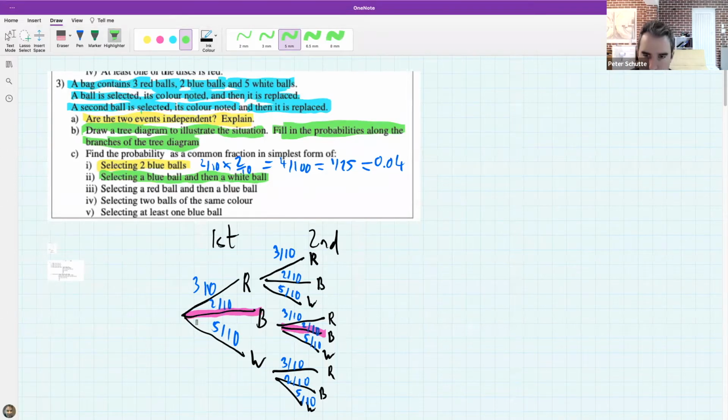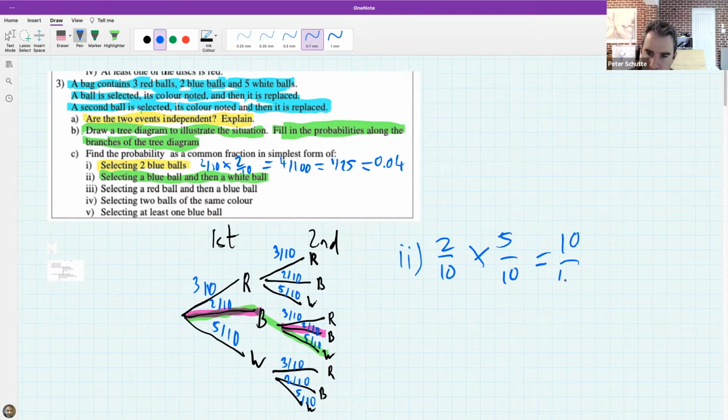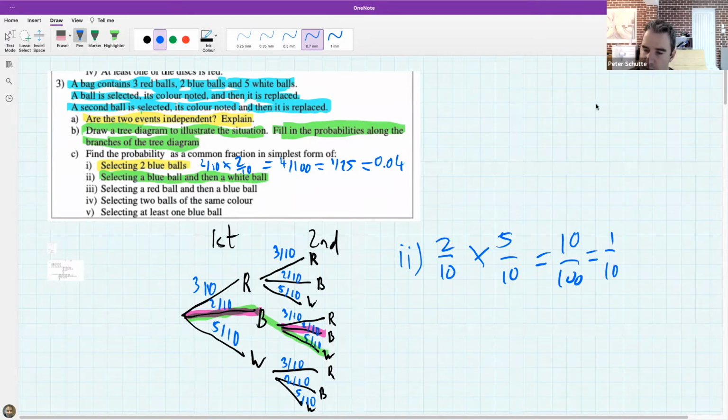So what pathway would that be? A blue ball and then a white ball would be that one. And so I'll just do the answer down here. It looks to me like 2/10 times 5/10, which is 10/100, or 1/10. Yeah.